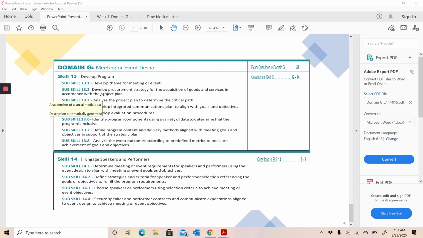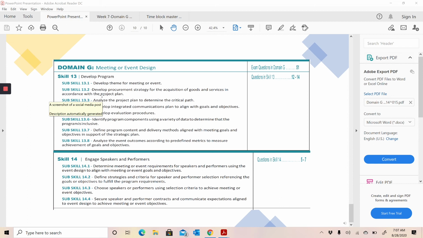That was the different delivery formats, like barcamps and debates and fishbowl. And then analyze the event outcomes according to predefined metrics to measure achievement of goals and objectives. That was our Phillips ROI methodology. So that's it for skill 14.